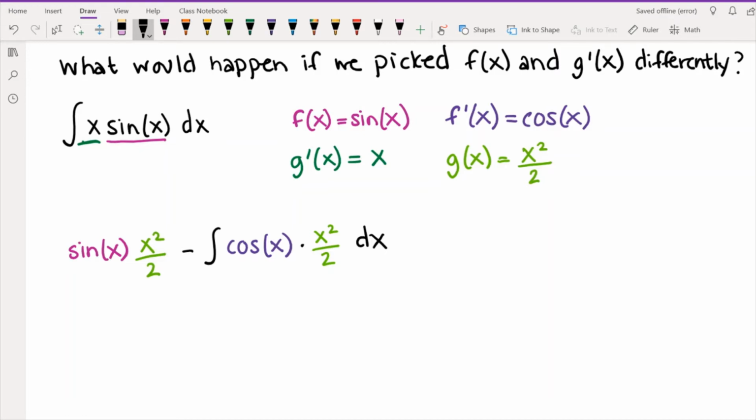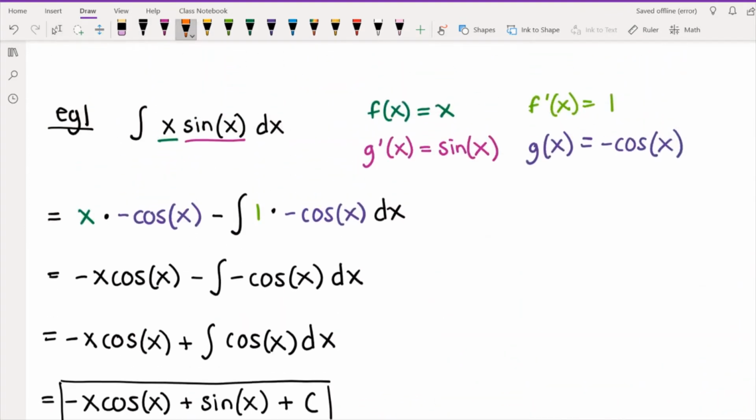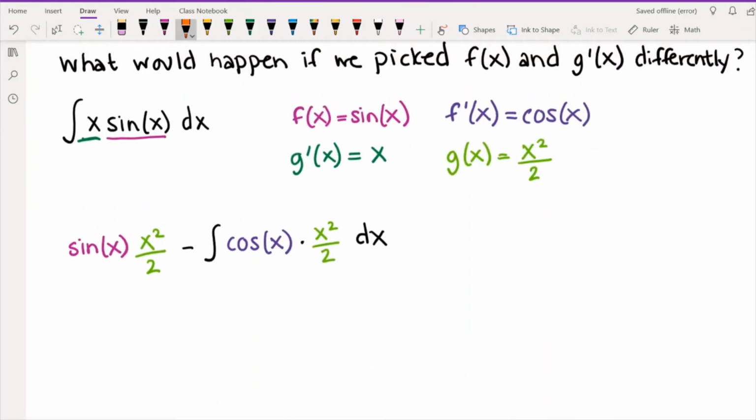So why is this not useful? Well, notice that when we did it the other way, the integral we ended up with was one that we could actually evaluate. It was simpler than the one we started with. Whereas here, the integral that we ended up with is actually more complicated than the original integral.